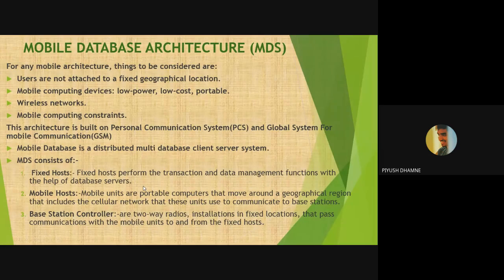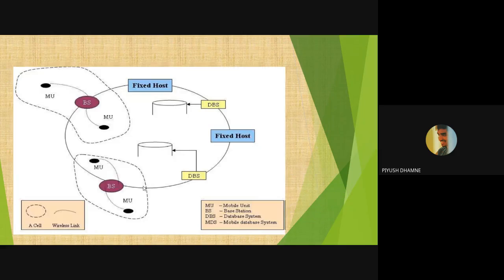Mobile units are portable computers that move around a geographical region that includes the network that these units use to communicate to base stations. Base station controllers are two-way radios, installations in fixed locations that pass communication with the mobile units to and from the fixed host.